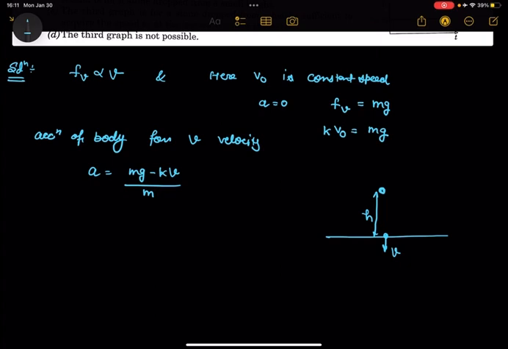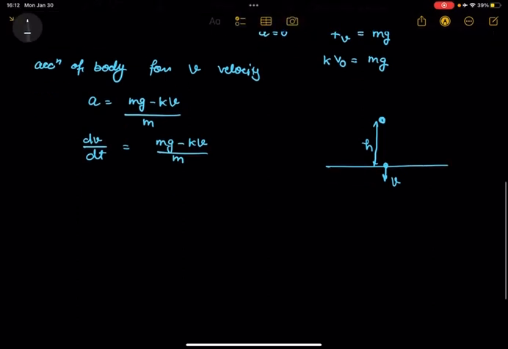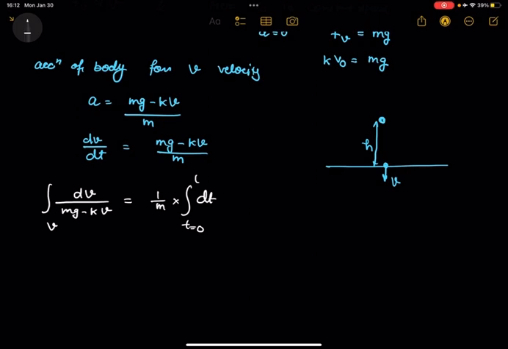So the acceleration dv by dt is equal to mg minus kv, by m, and we want to integrate this for the velocity. So dv upon mg minus kv is equal to 1 upon m into dt. Integrate: at t equal to 0 the velocity is v, just at that instant, and at any instant the velocity is called vt.